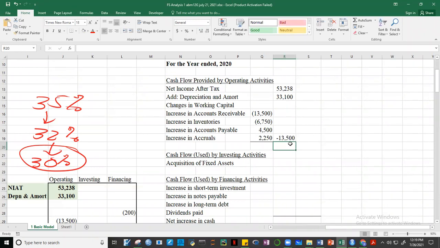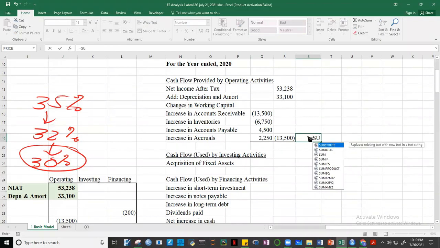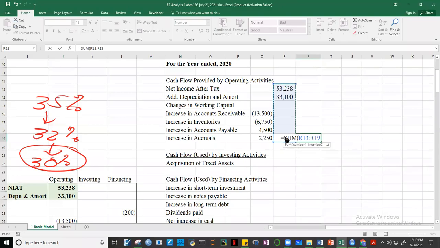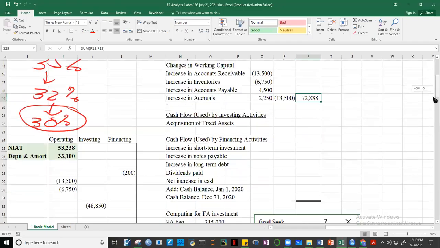All right. Then we sum this up. So that should be cash flow provided by operating activities, 72838.